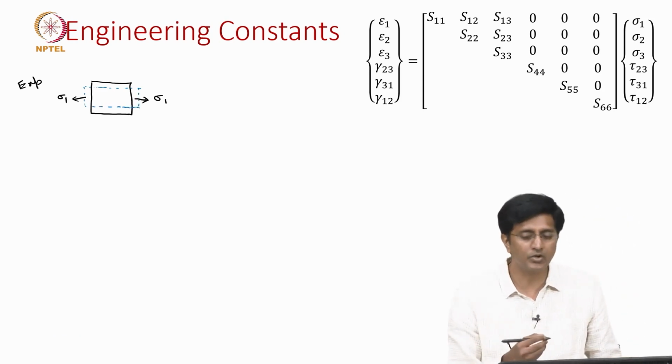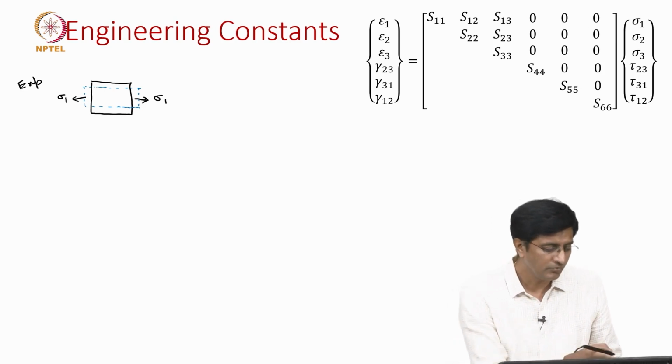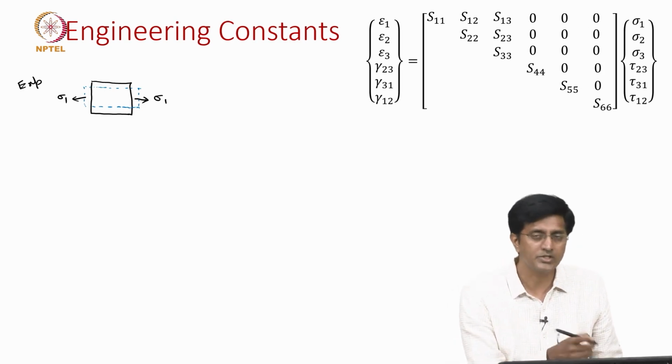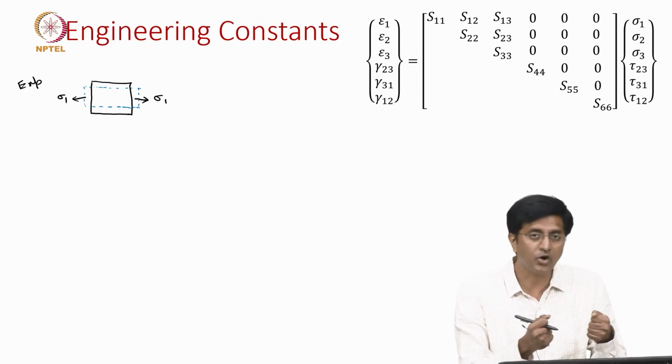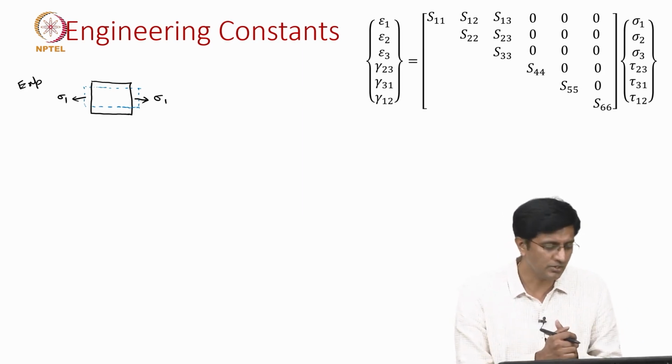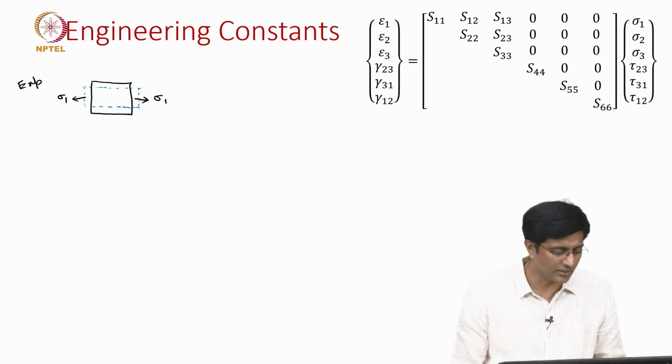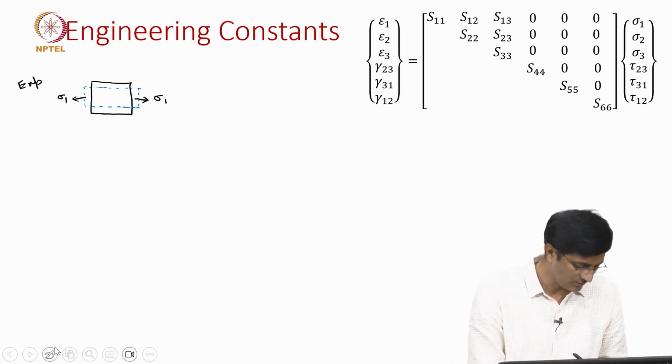Since we are discussing an orthotropic material, there is no shear extension coupling. Therefore, because we are applying only a normal stress, we only get a normal strain and there is no shear strain involved. But now let us see what strains we get.